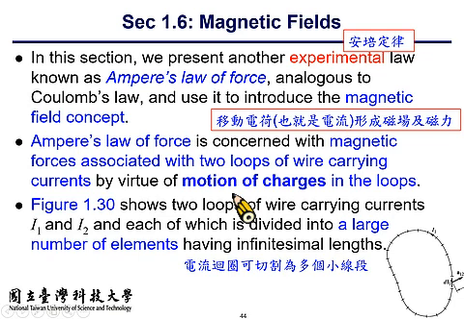Simply like electrical force acts on charged particles, magnetic force acts on objects with magnetic field. But there are some differences in how electrical force and magnetic force work. So that will be our principal concern in today's lecture.